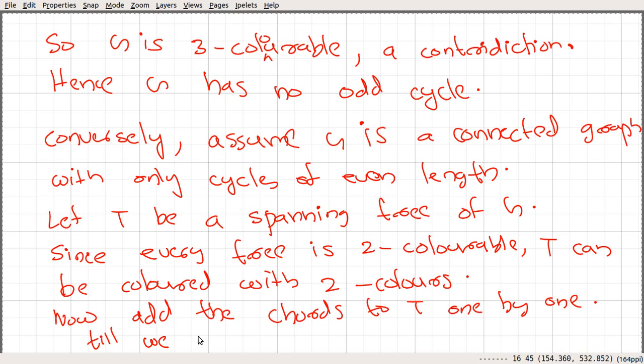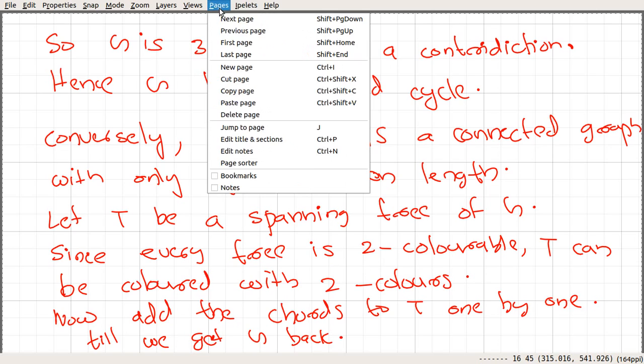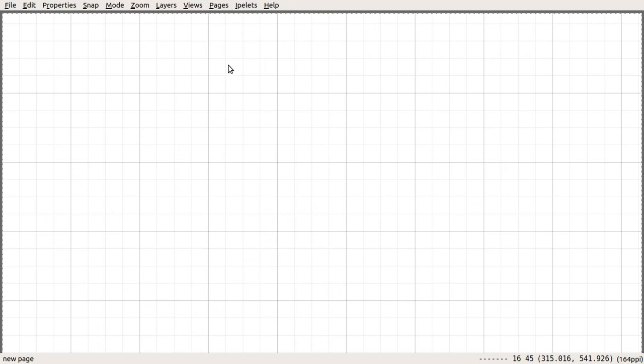Till we get the graph G, we can very easily see that as G contains cycles of even length, the end vertices of each chord will get different colors. Anyway, we saw that from that example.